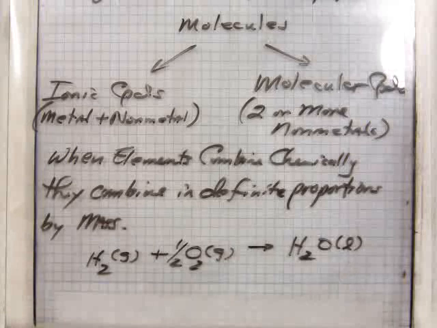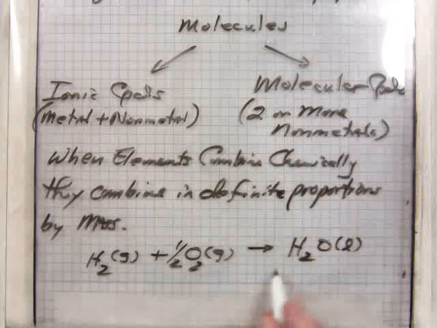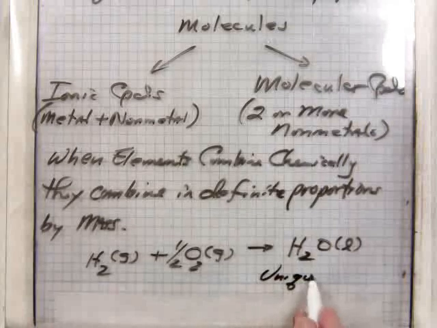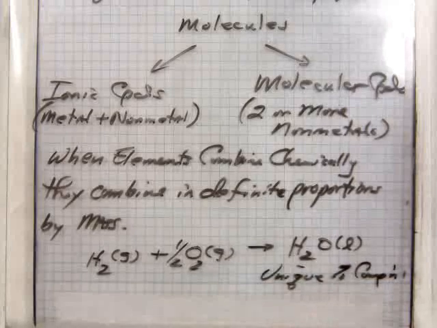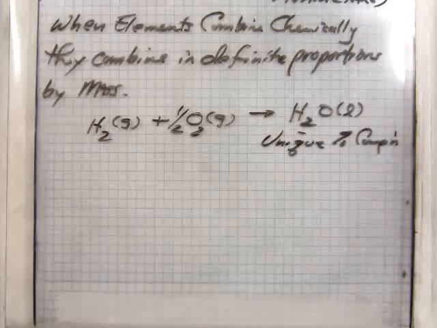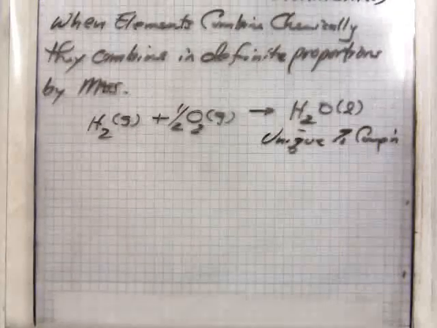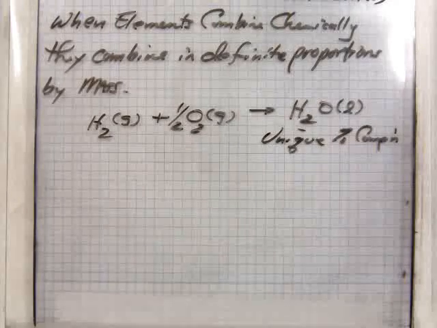That means it has a unique chemical composition or unique percent composition. That says composition, if you want what the scribble means. And as always, two hydrogens and one oxygen, as you expect. So anywhere you find a compound that has two hydrogens and an oxygen, it's most likely water.